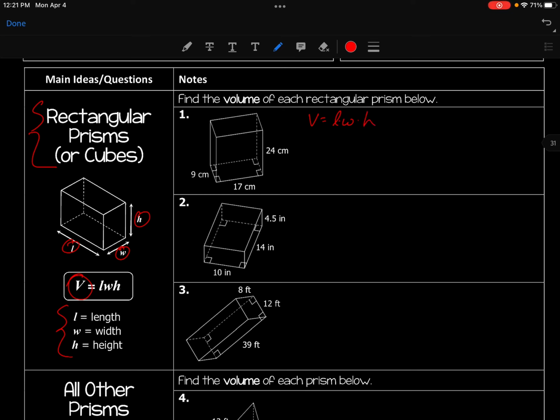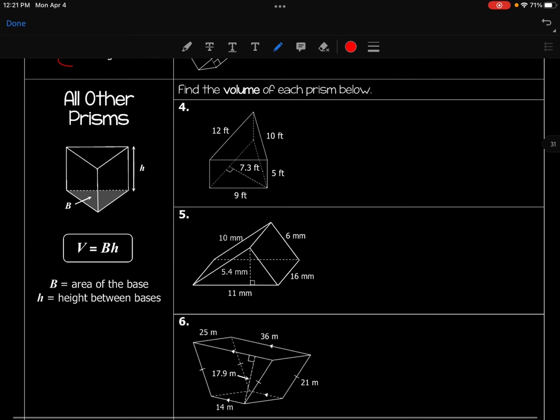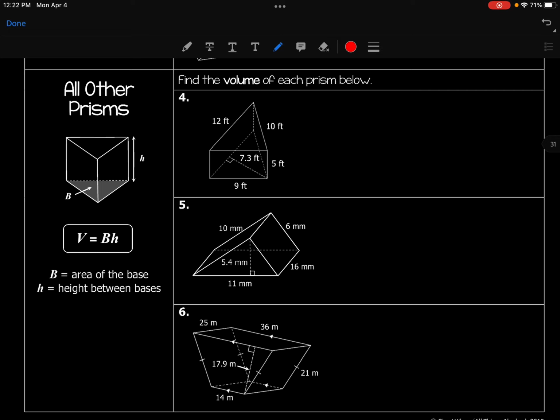In this case, it doesn't matter, 9 or 17 can either be length or width, and 24 can be height. And we just plug that into the equation, and that will give you 17 times 9 times 24, which I don't know what that is, but you can figure it out in the calculator. Perfect.